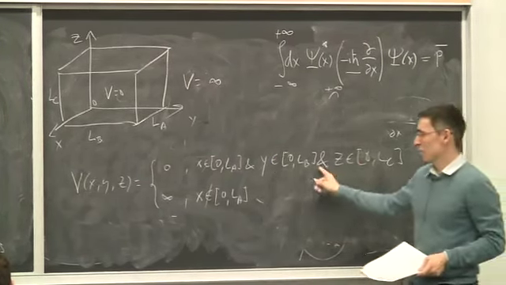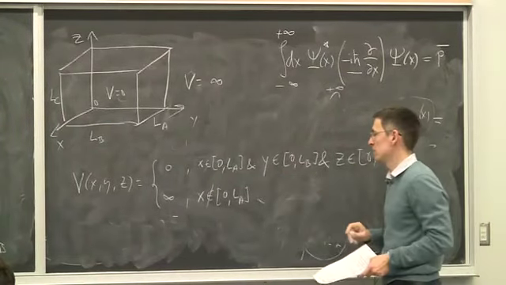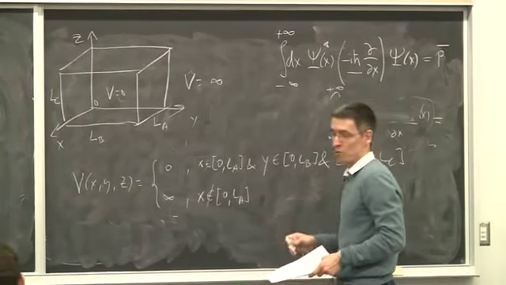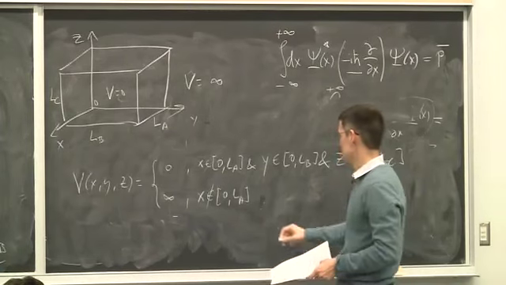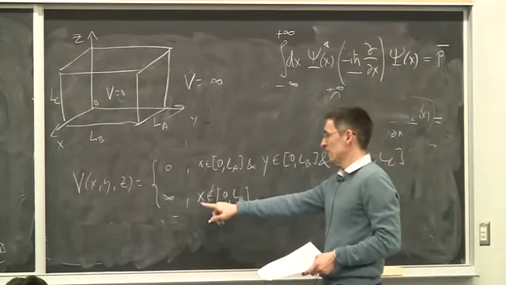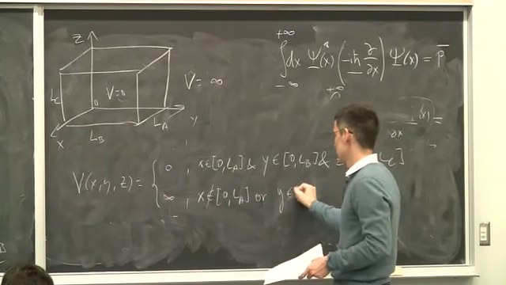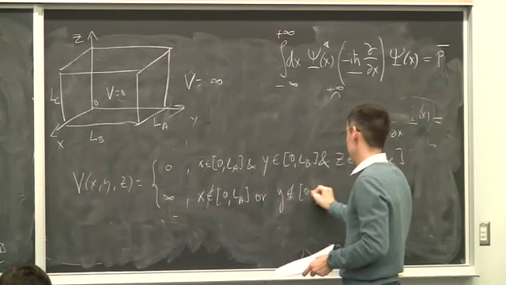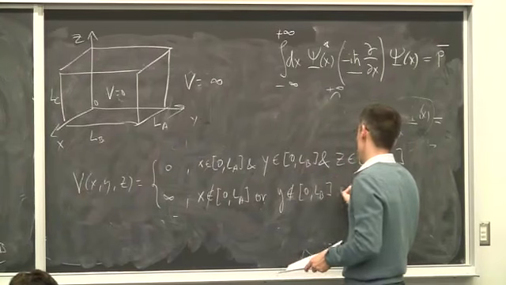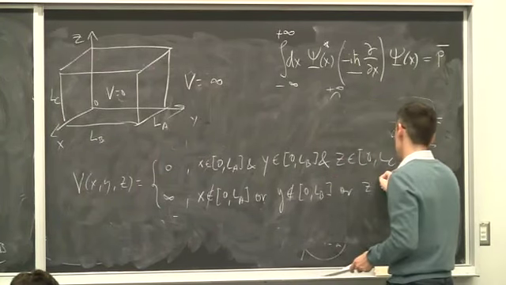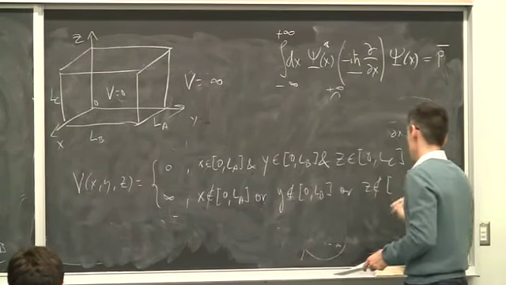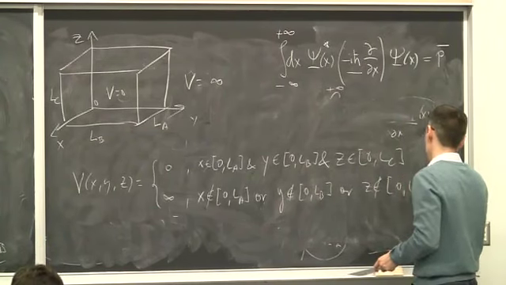So for the violation of the conditions, you cannot use AND operators, right? You should use OR operators. So it's either x not in the range, or y not in the range, or z not in the range, right?